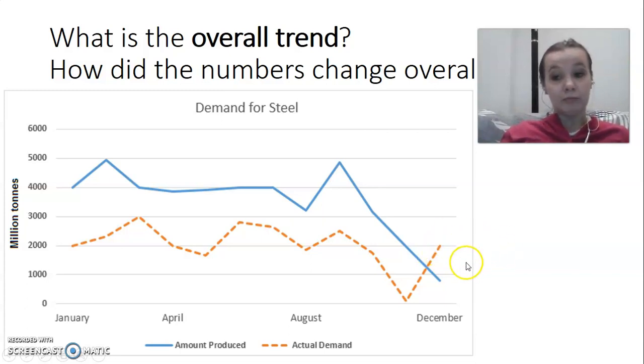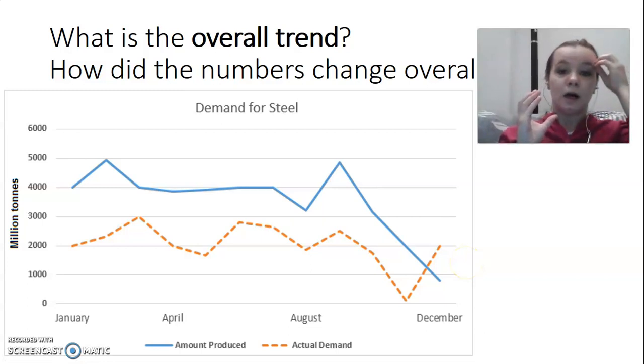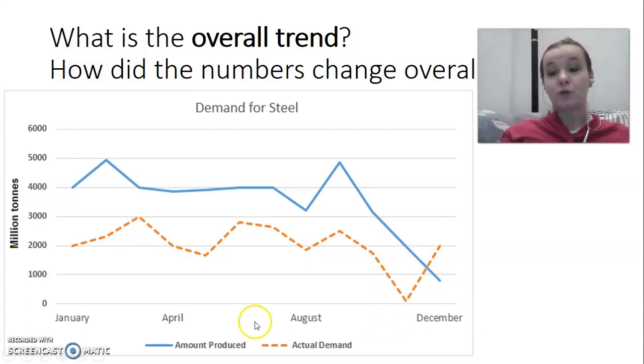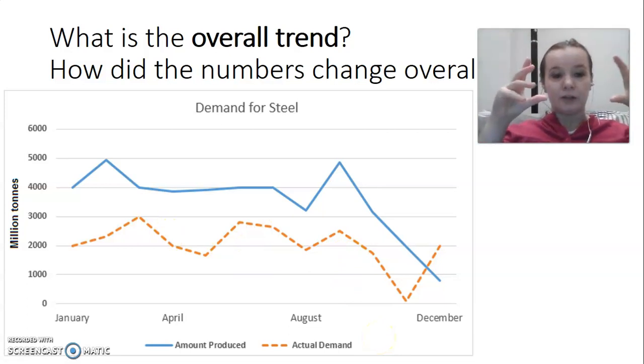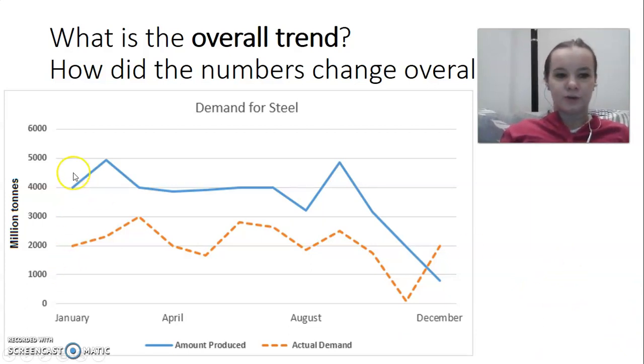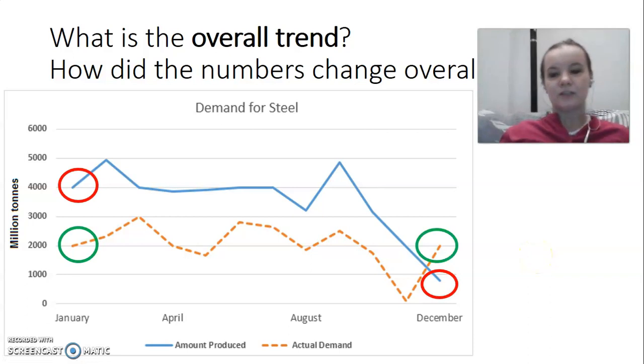So actually, there was no change overall in the actual demand of steel. Even though you see the graph was going up, down, when you look at the beginning and the end, you compare these values, there's no actual change. So that's what's called an overall trend. And of course, you use the language of comparison to compare the overall trend too. That's what we have.